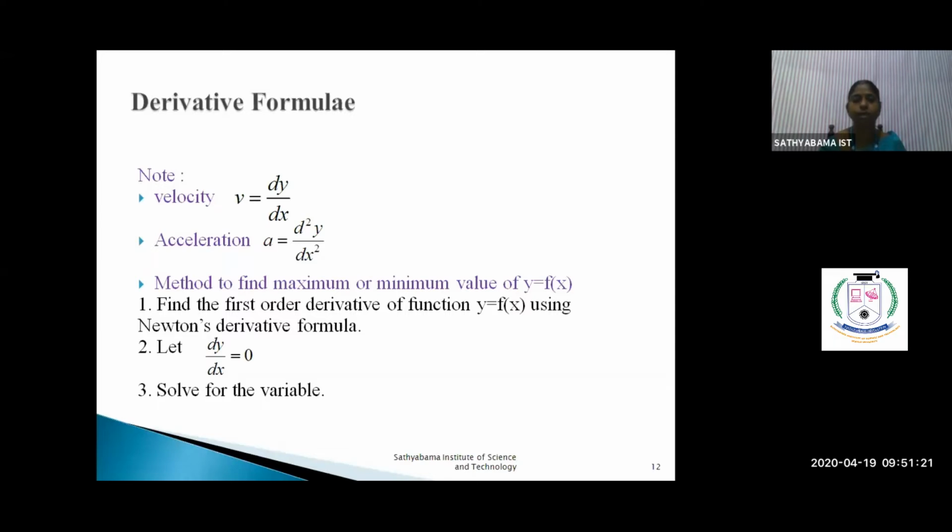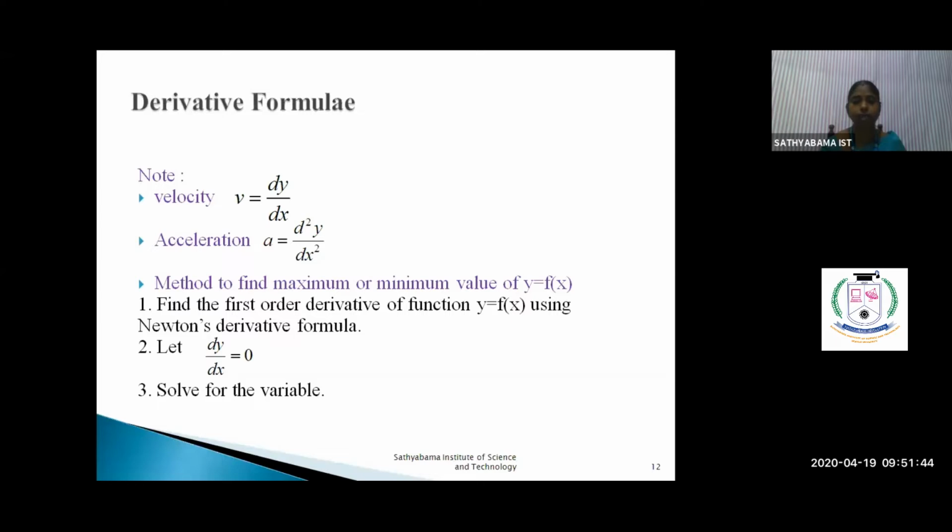We will find the values, and from that we find the stationary points, and we will see what the saddle points are. You have studied that in your first semesters. Now the same procedure can be used here to find the maximum or minimum value.